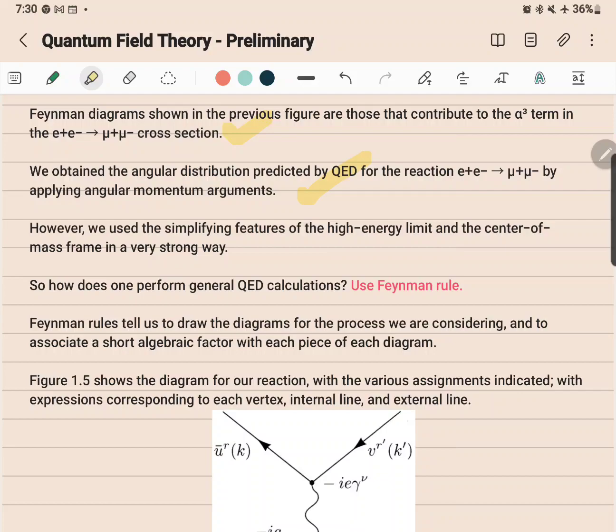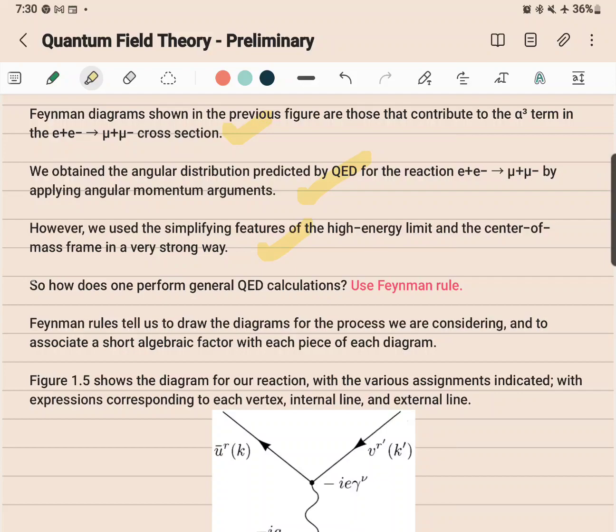However, we used the simplifying features of the high energy limit and the center of mass frame in a very strong way. So we will also calculate that later on using general forms.